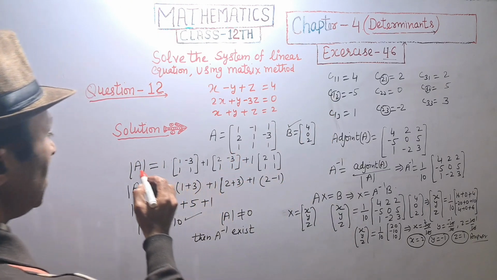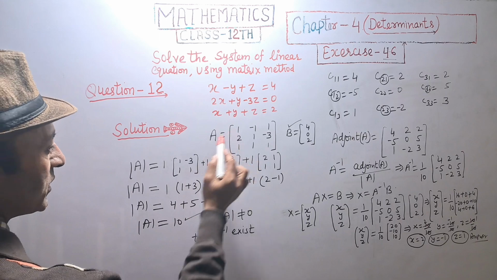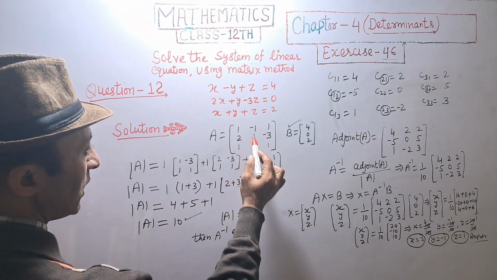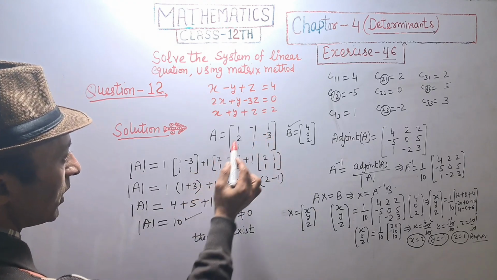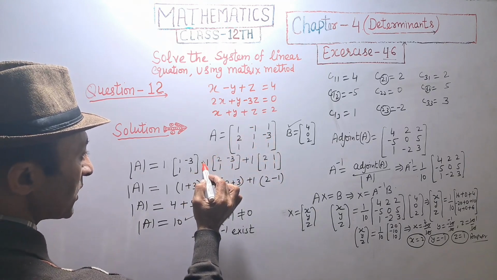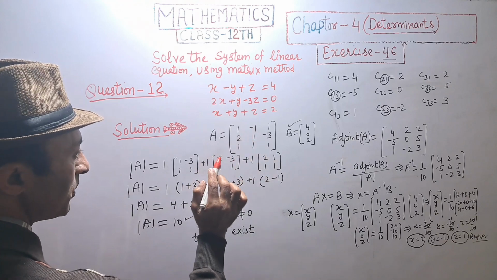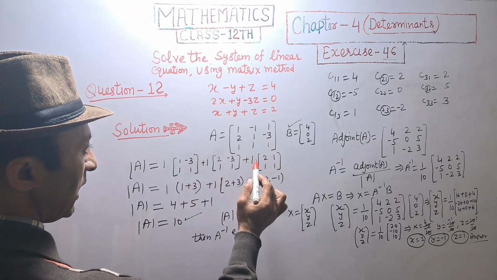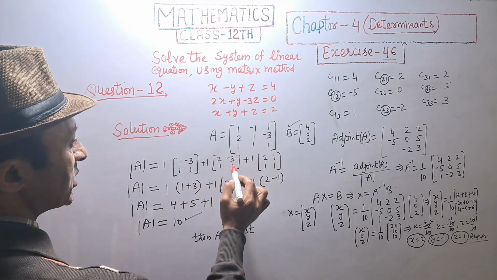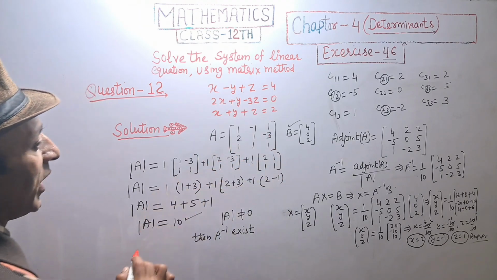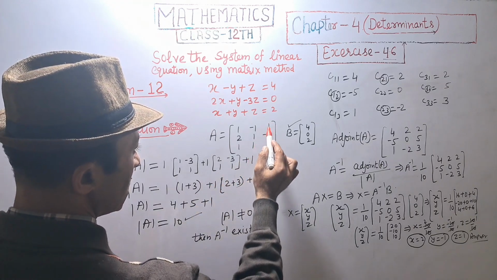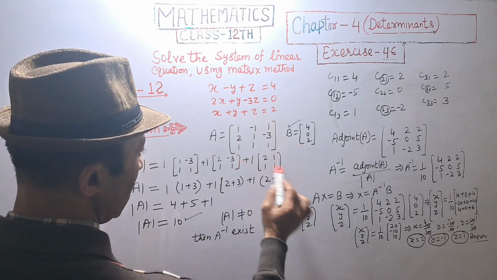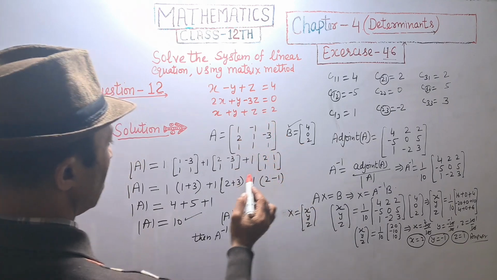Determinant of A: taking the first element, first row first column, neglect its row and column, leaving 1 minus 3, 1 1, with sign plus. Minus, first row second column, neglect, leaving 2 minus 3, 1 1. Plus, first row third column, neglect, leaving 2 1, 1 1.